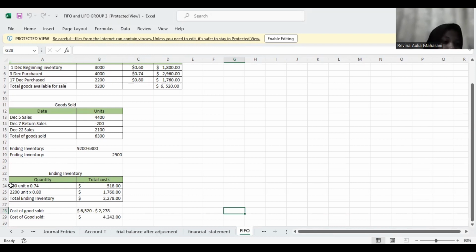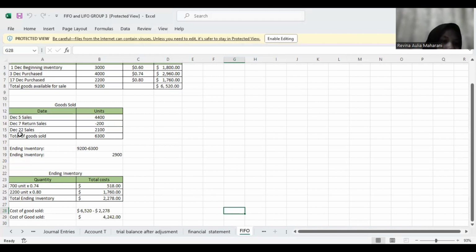So for the ending inventory, we use the final inventory of goods for sale. After using inventory on December 1 and 3, there are units remaining on December 3, 700 units, multiplied by 0.74. The total cost is 580.